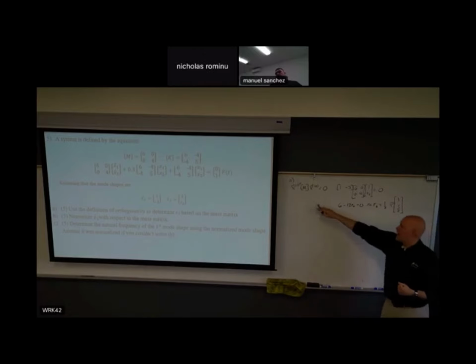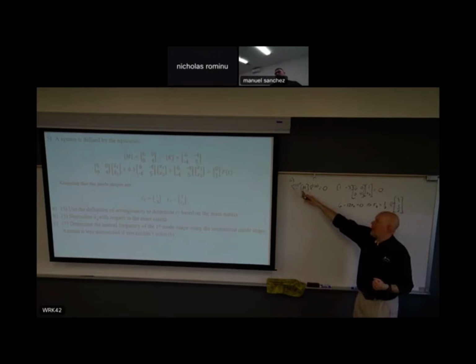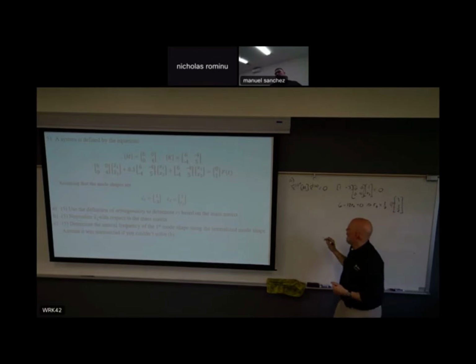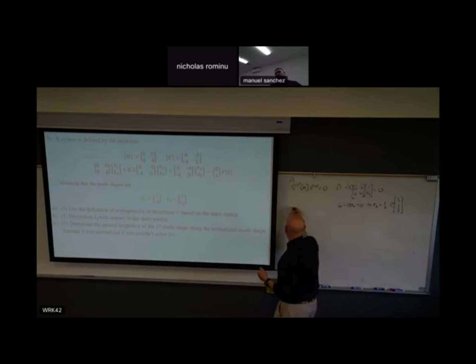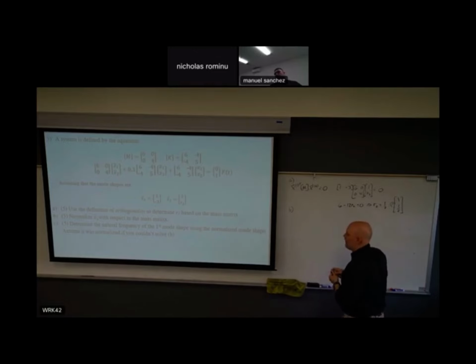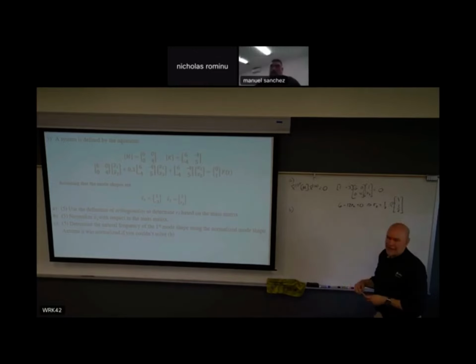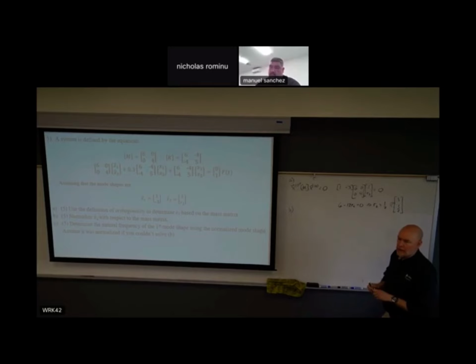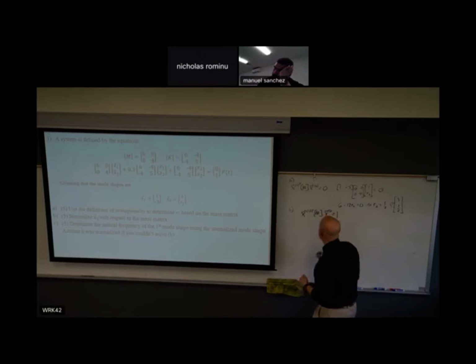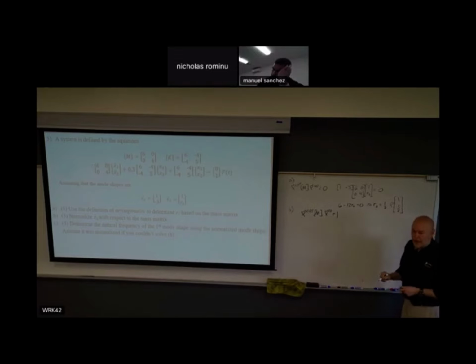So orthogonality: x transpose, one mode shape, times your mass times your second mode shape is equal to 0. What about B? Normalize. What does normalize mean? Then we have x1 transpose times M times x1, that has to equal 1.